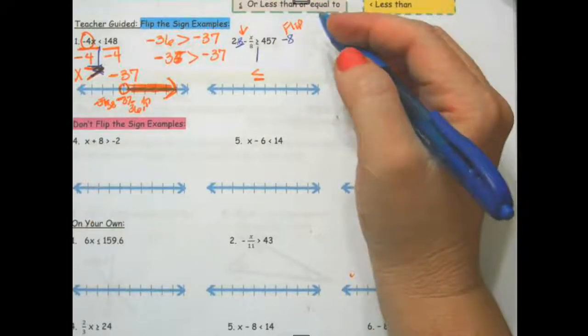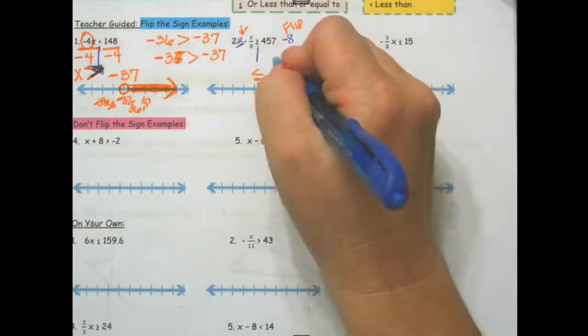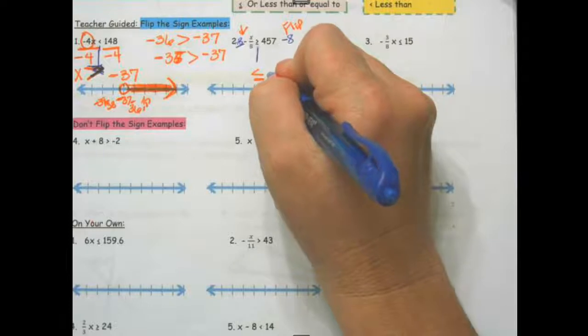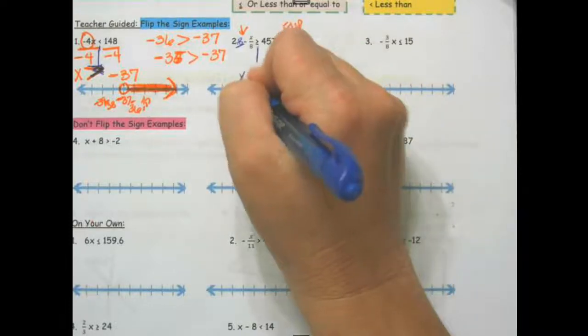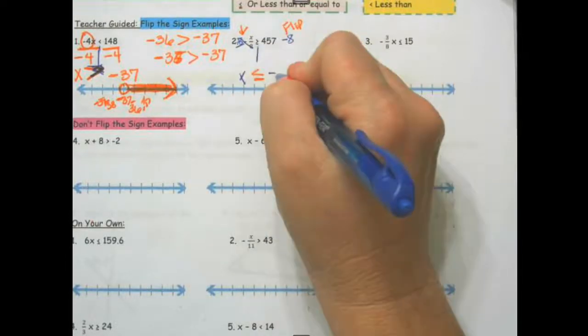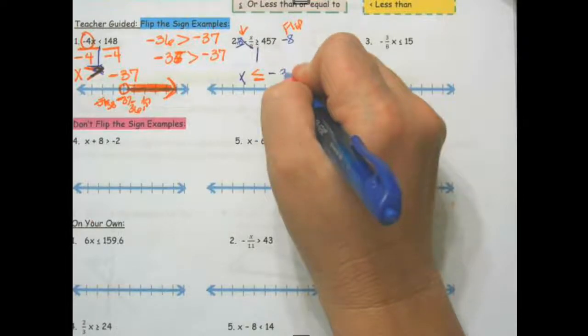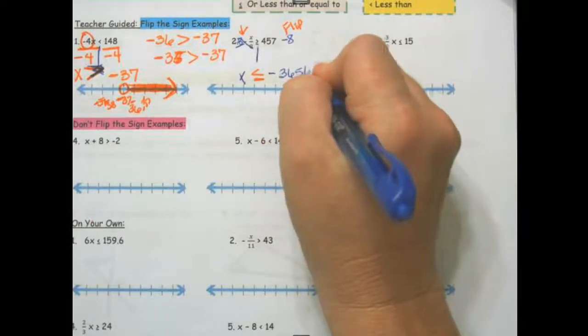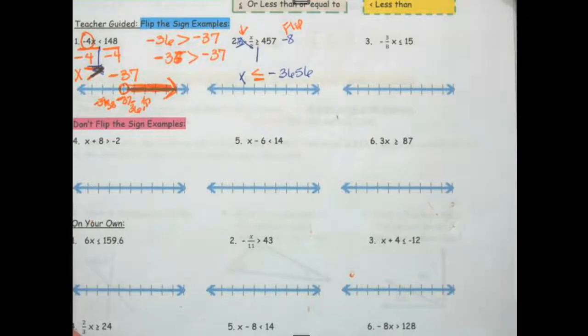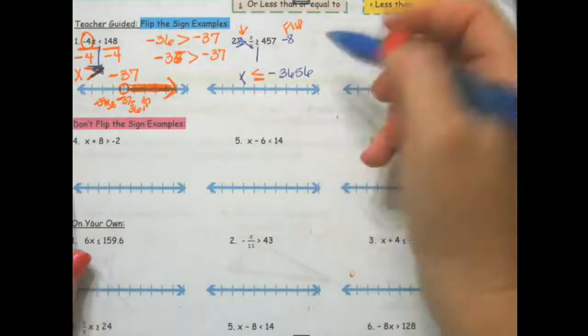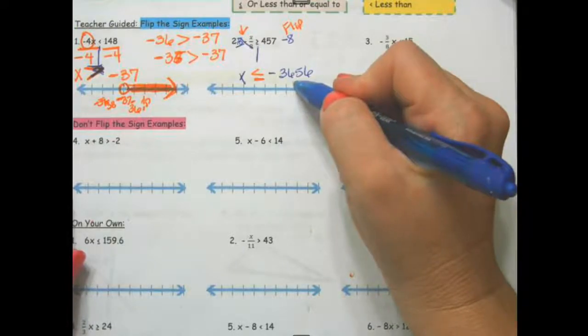So negative 8 times 547 is negative 3,656.